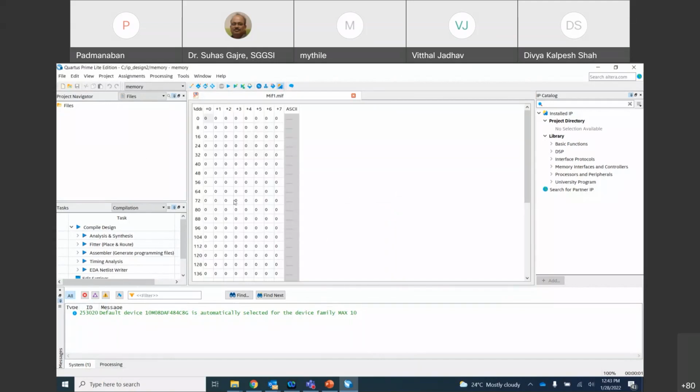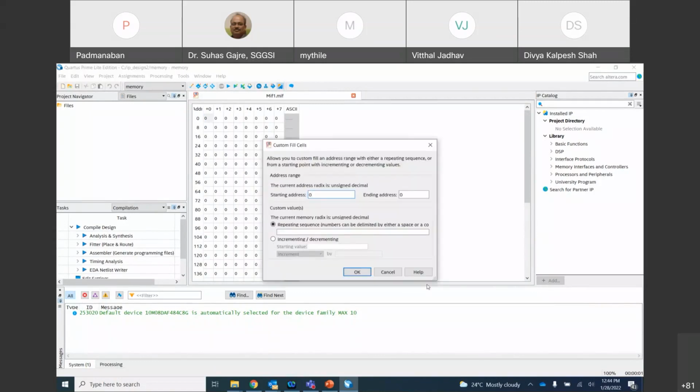Then what we can do here is customize the cells. It is showing with 0 value, but we don't want that, so you can click here and say custom fill cells. Remember, open the memory initialization file and say custom fill cells.